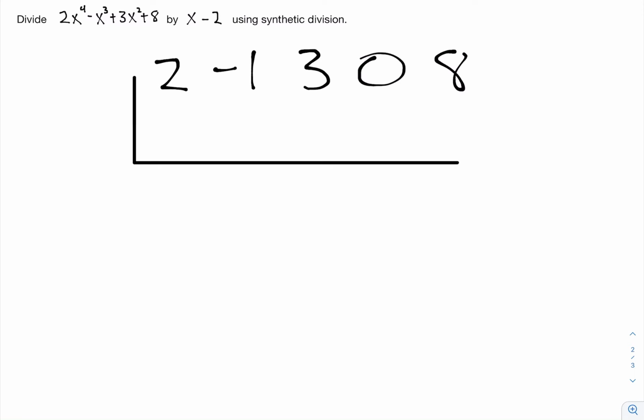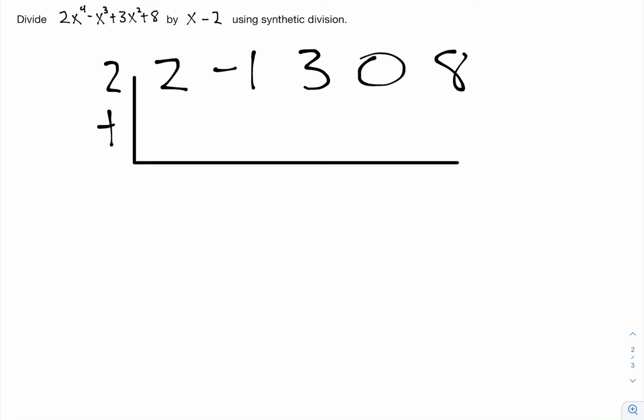All right, so right now, if x minus 2 is the thing we're dividing by, I'm going to say this is positive 2. Right? I'm going to take the opposite sign of what's inside, and I'm going to go adding, because I like to deal with positive numbers and adding. And notice how we could have done negative 2 here and minus, but I just like to use positive numbers, like I said.